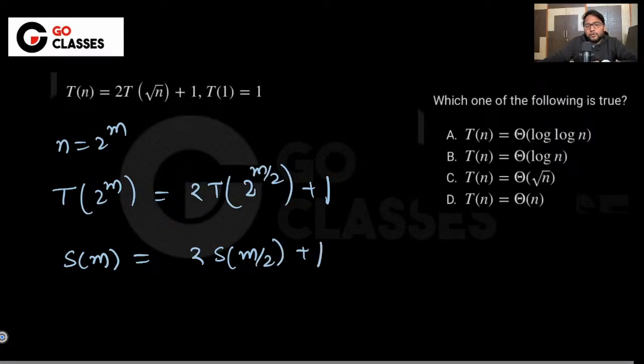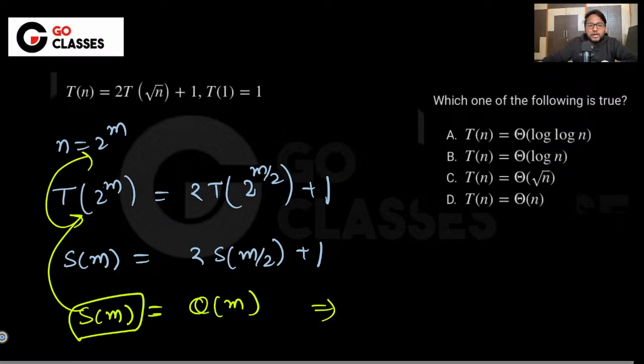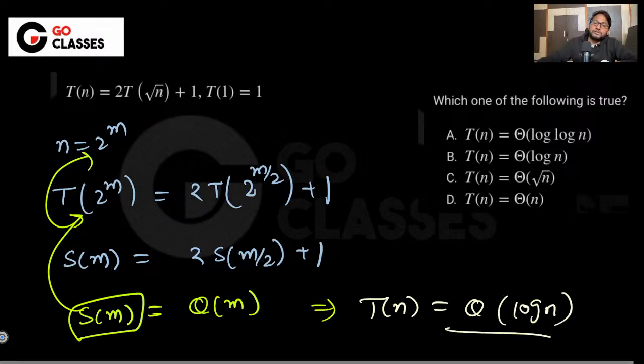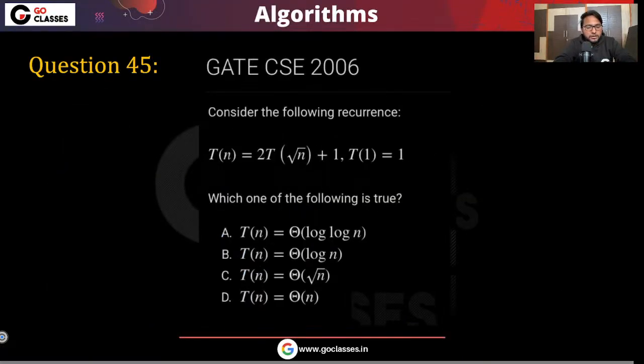Using the Master's theorem, you will get that S(m) is just theta of m, which means S(m) is nothing but T(2^m), which is T(n). So T(n) is theta of m, and m is log n. Very easily you can solve this. So what is the answer? B is the correct answer. Very easily you can solve these kinds of questions using the change of variable method. Great, I hope you understood.